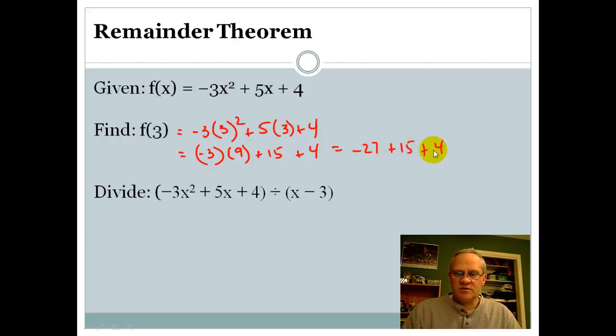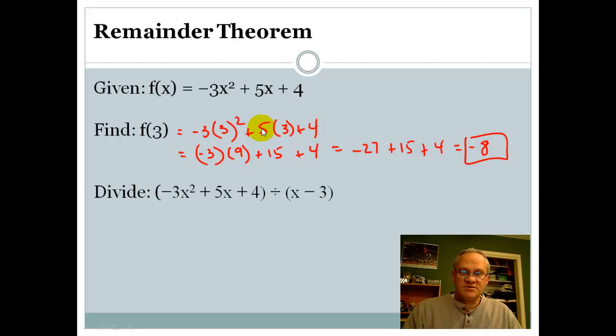And so altogether, that's going to give me negative 8, it looks like, if I'm right there. Negative 12 plus 4, it looks like negative 8. Okay? I'm going to just double check here. All right, good.